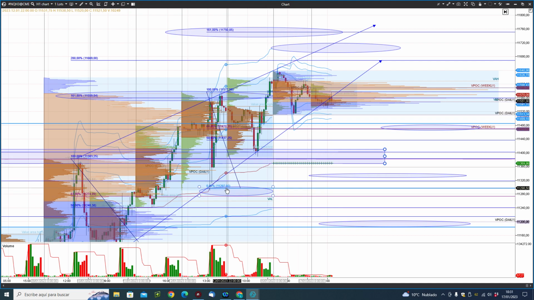Then the third place would be a peak of volume, a high volume node, 11,339.